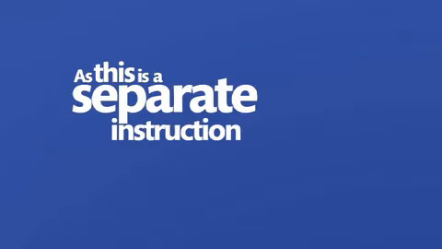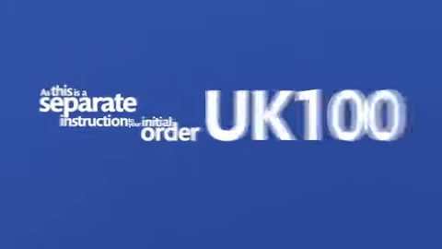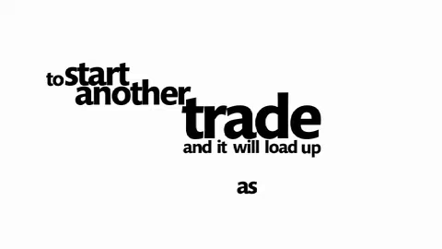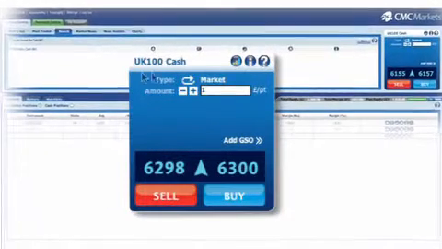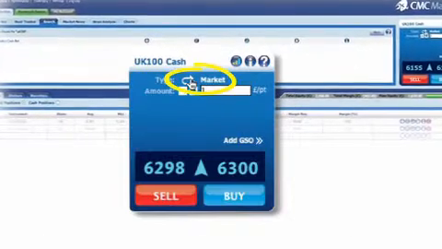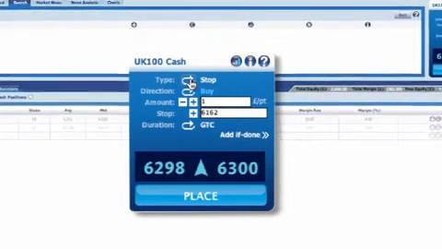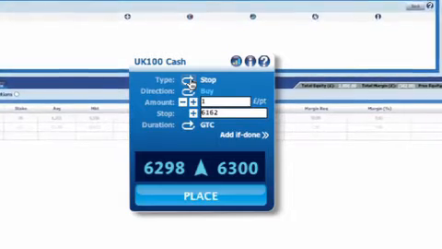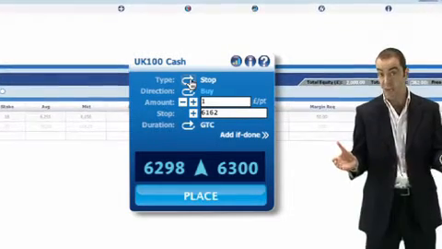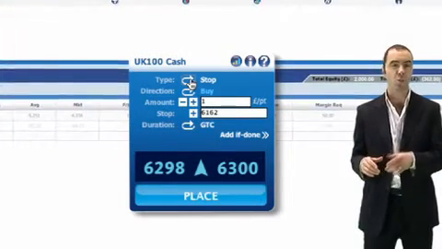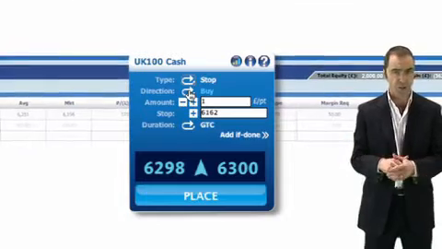As this is a separate instruction to your initial order, double-click on the UK 100 again to start another trade, and it will load up as usual in the order ticket window. By clicking on the arrow symbols to the right of the type, you can change the sort of order you're placing and make it a stop. Next, you need to specify in which direction you are going to be trading. In this example, we are already long, having bought at £1 per point at 6,300.